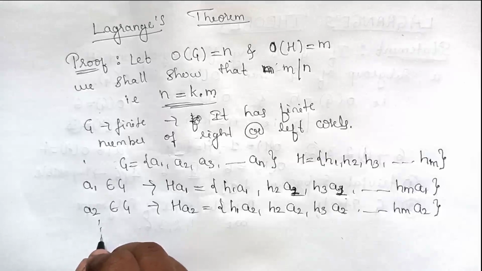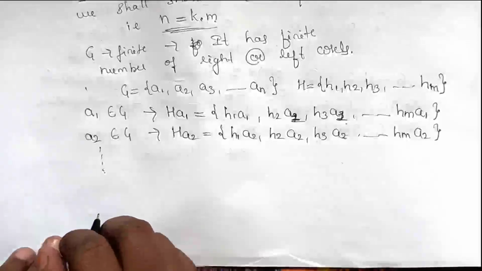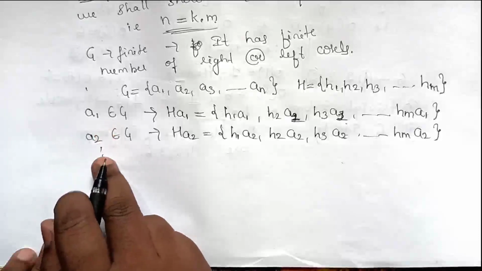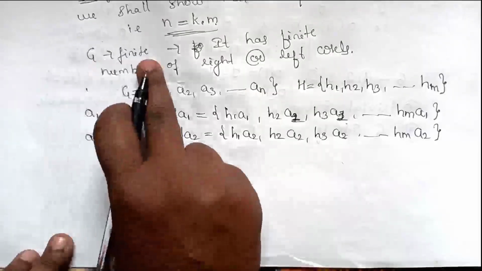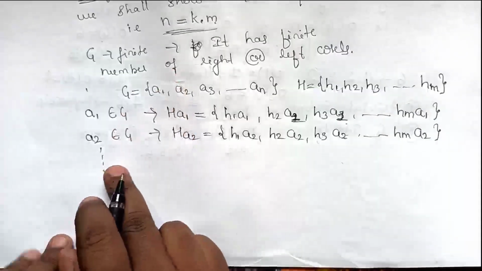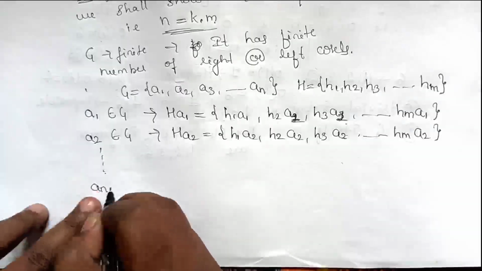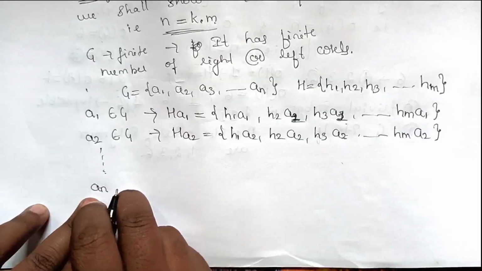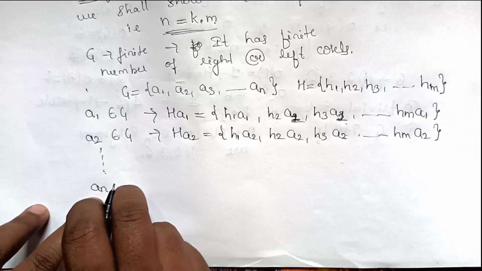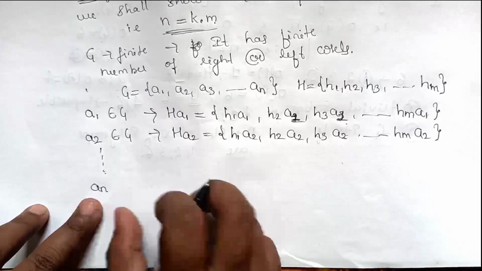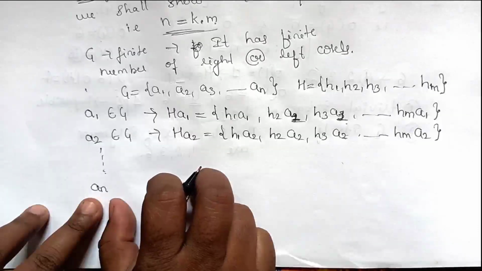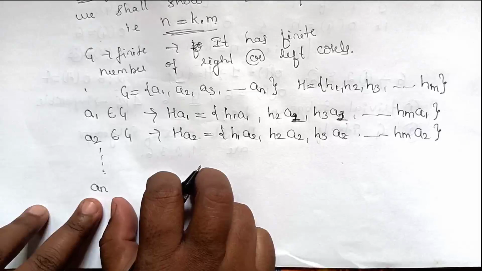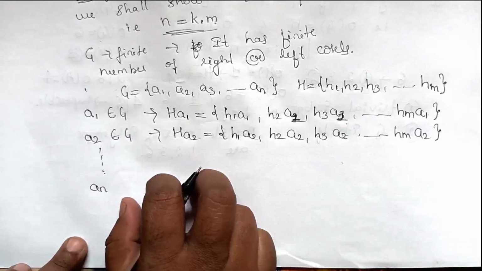Similarly, how many right cosets can we form? Because G has n elements, we can form n right cosets, but we need only distinct right cosets, because only distinct right cosets are valid. If they are identical, we treat them as only one coset.